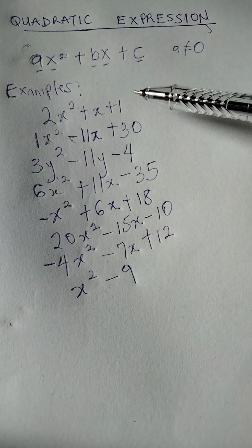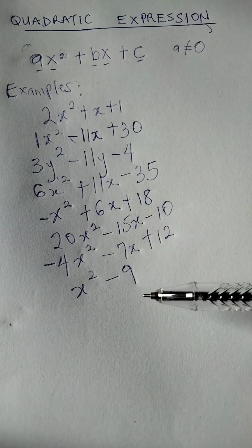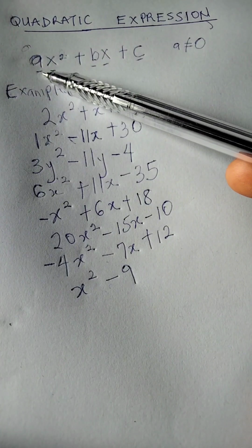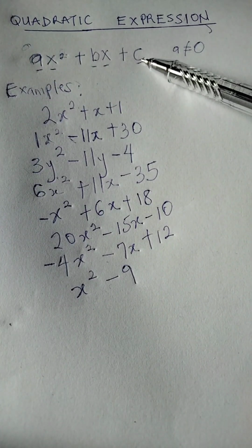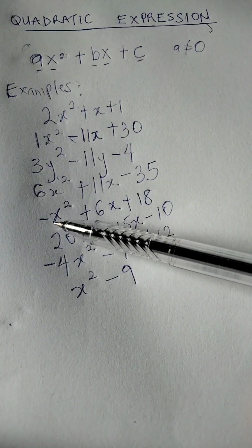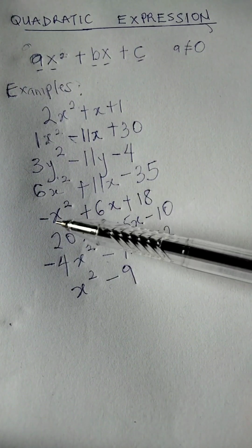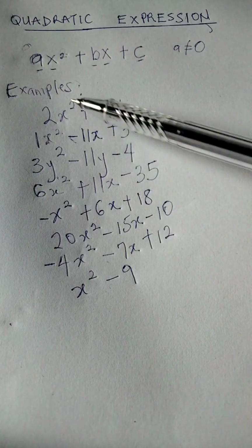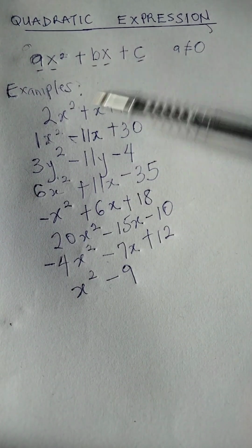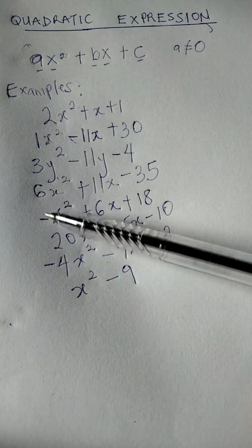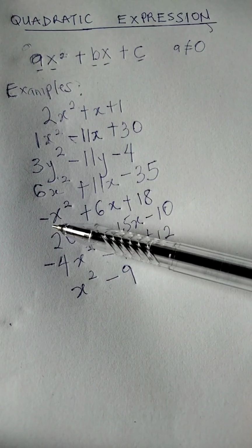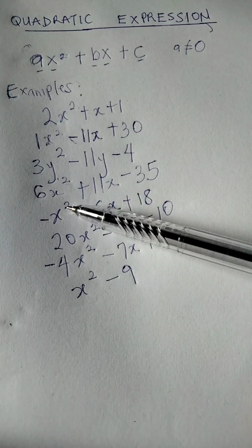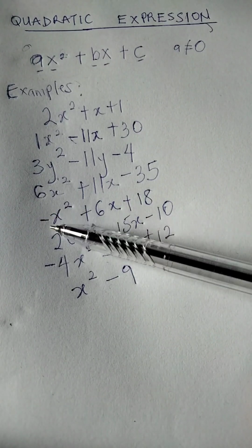Looking at all these examples, one thing is constant. There is an a, there is a b, and then there is a c. Let's take this expression for instance. If I compare this expression with the general form, you see that my a here is minus 1, because that is the coefficient of x squared. It's like saying what is standing beside x squared, it is minus 1.